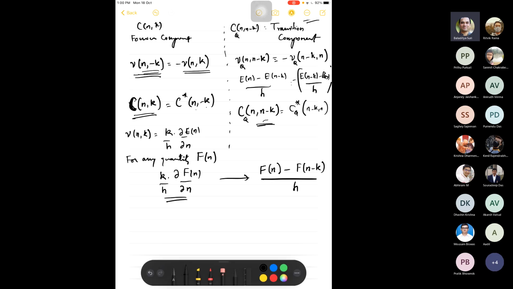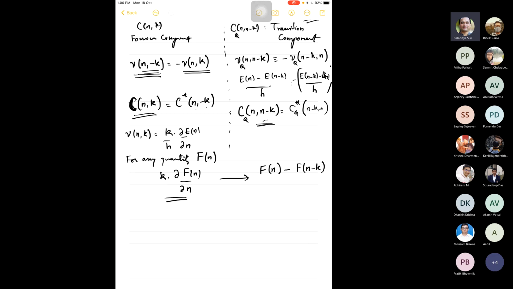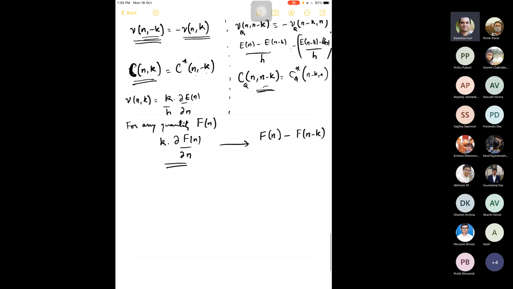Or in other words, if you remove this by h, because there is by h on both sides, this quantity has to be replaced by this quantity.